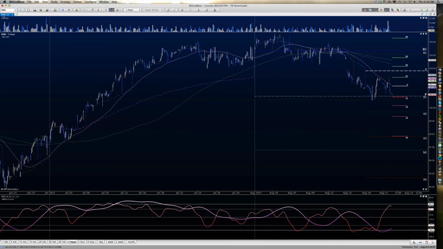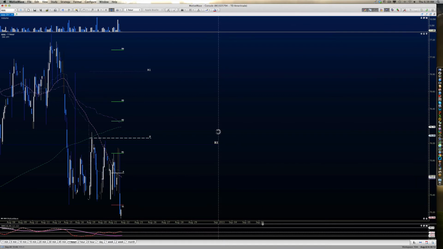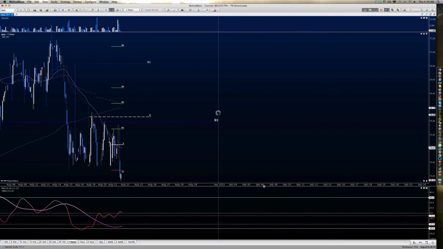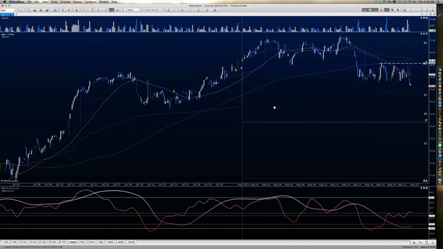Taking a look at the Qs. Not looking nearly as pretty, but again, this formation is giving us the idea that we are going to move. Listen, I've been saying this for a few days. The Qs are getting ready to do something.